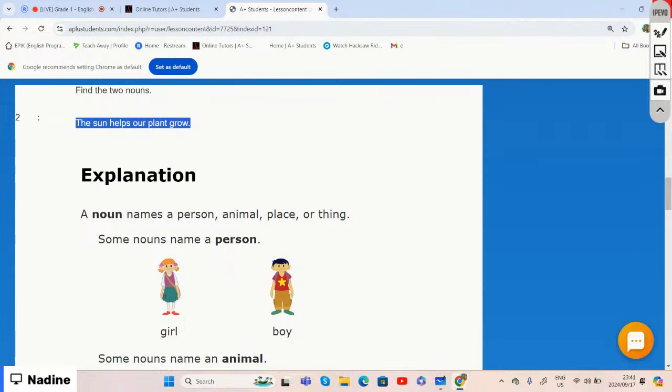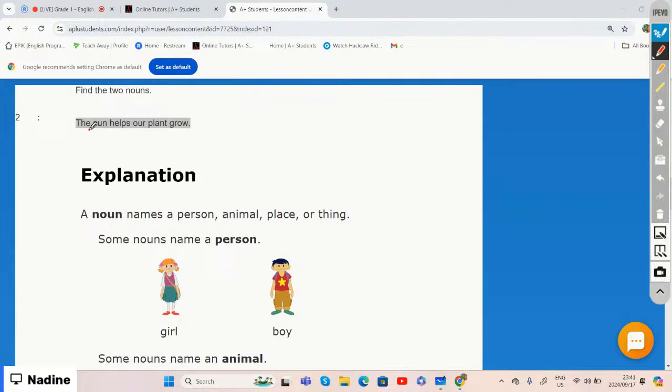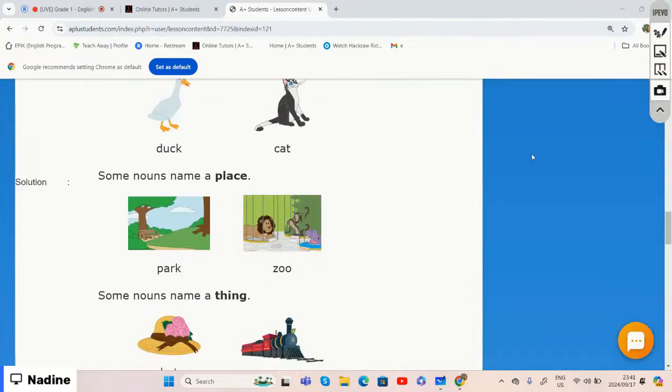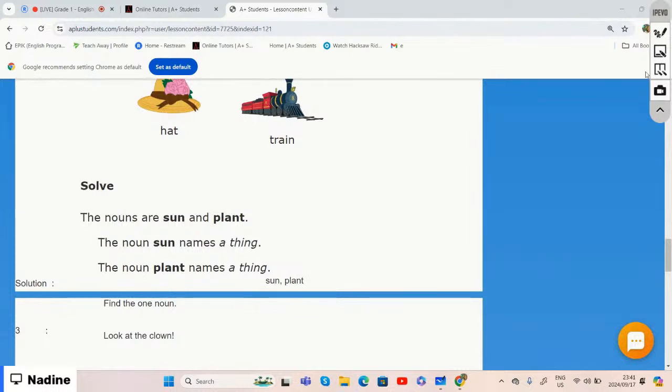And if we were to identify the two nouns within our sentence, then we can say our two nouns are sun and plant, right? That is our two nouns, and they name things.